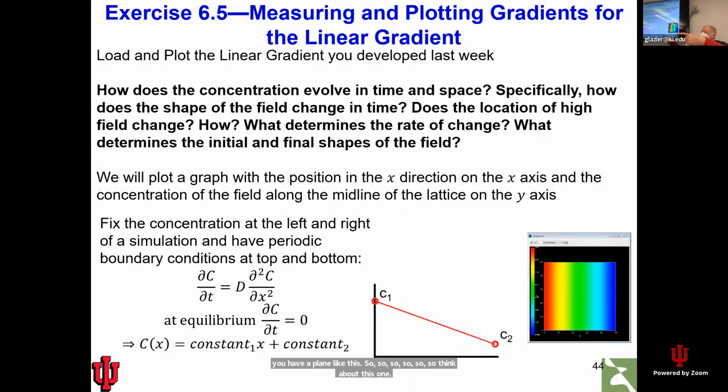Suppose I started out with a bowl and I put water everywhere in the bowl. Under gravity, the water will flow down to the bottom. Suppose I start with the bowl upside down and put water everywhere. The water will flow away. The divergence is the net flux, whether the amount of water at a given point is increasing or decreasing. If there's flow inward from everywhere, then I'm getting more water in the middle. If there's flow outward everywhere, then I have less water in the middle.